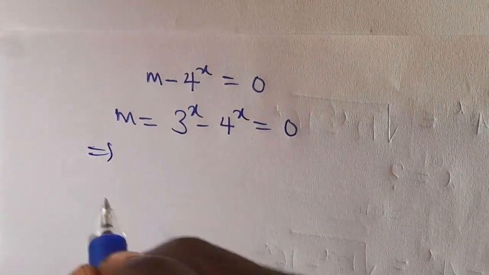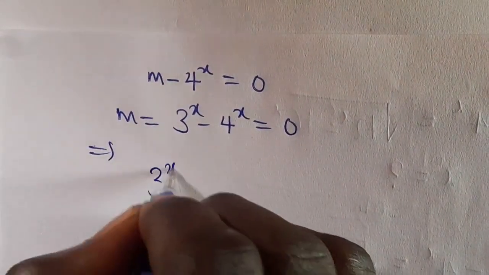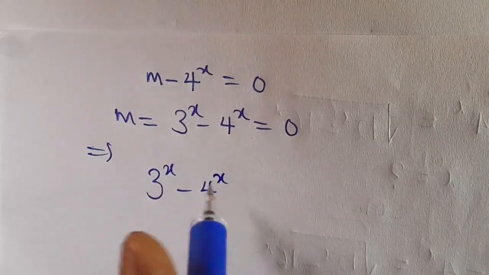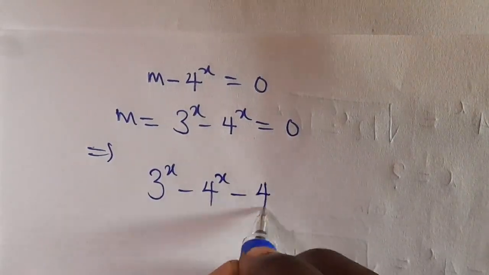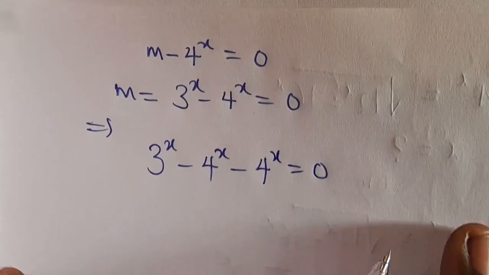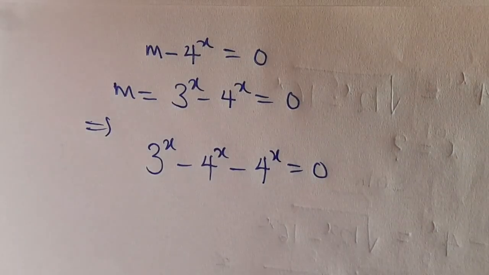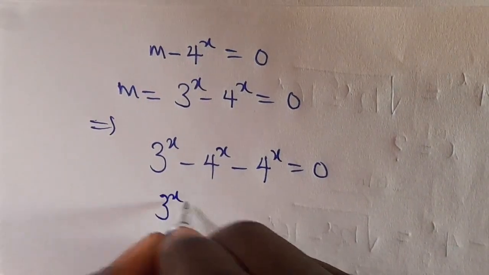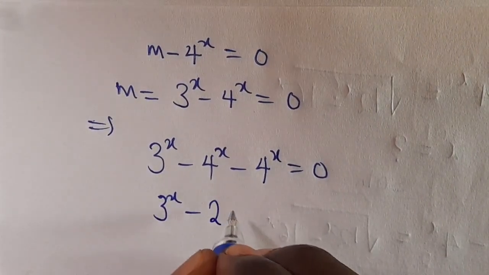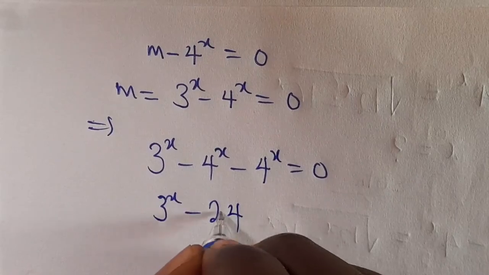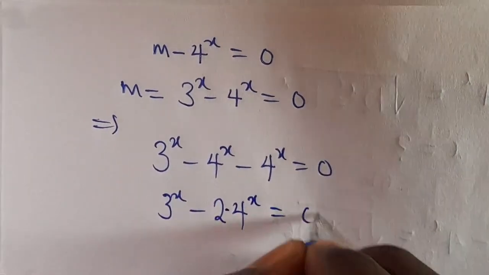So this implies that we have 3 to the power of x minus 4 to the power of x minus 4 to the power of x equals 0. So therefore from here, we have 3 to the power of x minus 2 of 4 to the power of x equals 0.